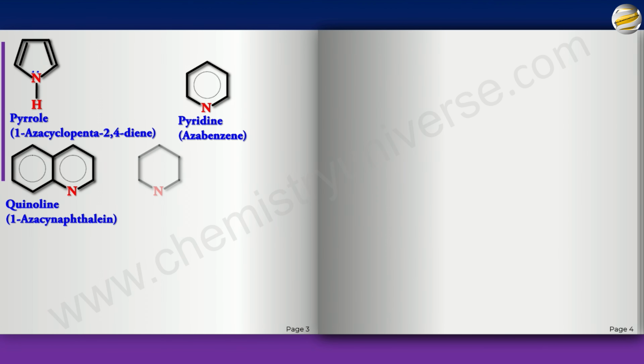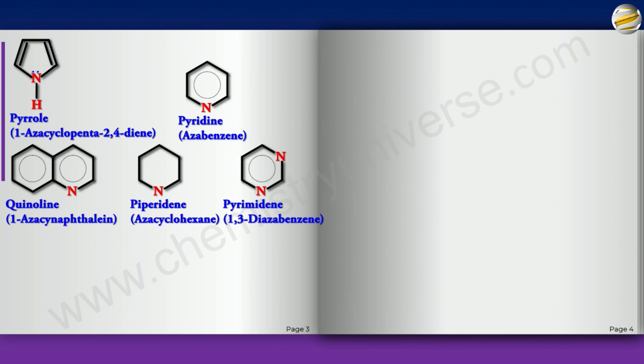This is called piperidine, which is azacyclohexane. This one is called pyrimidine, which is 1,3-diazabenzene. And this is called pyrazole, 1,2-diazacyclopentadiene. So these are some of the common names.